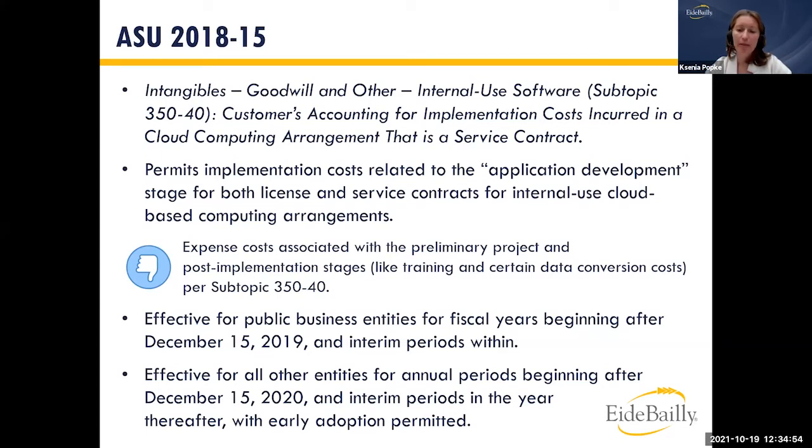And I think if you read the standard, you'll find that it's fairly user-friendly, and it has some good examples of what the implementation costs of a specific cloud computing arrangement are. And so again, since we're talking mainly about not-for-profits that are not considered public entities, you're looking at an effective date for this fiscal year, December 31st, 2021.